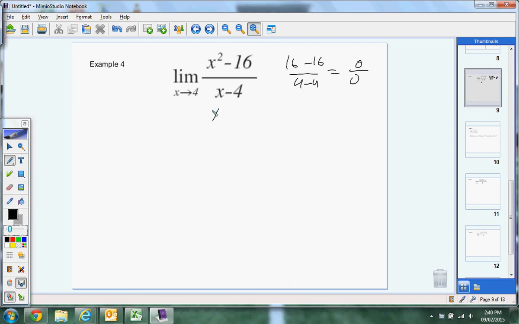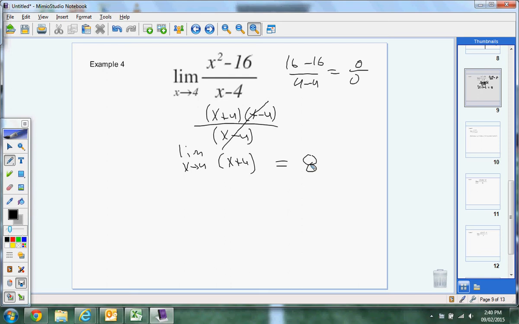I can go x plus 4, x minus 4, over x minus 4, and these cancel. And so then we'll go limit, as x approaches 4, of x plus 4. We get 8. But it's not continuous there. That's the difference. If you can't plug in right away, it's not continuous.